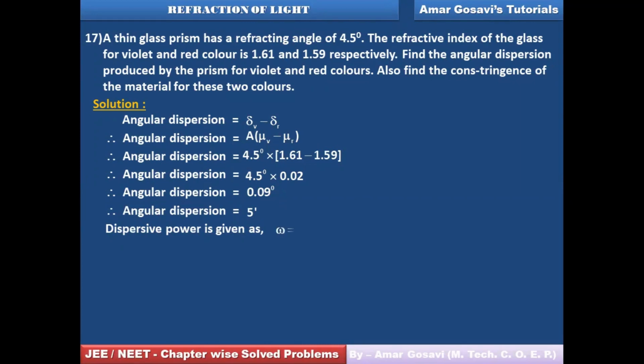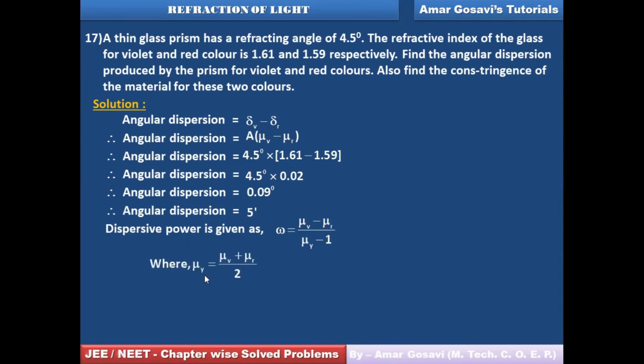Dispersive power: we have studied the equation, omega is equal to (mu v minus mu r) divided by (mu yellow minus 1). Now here mu v and mu r are given to you. How do we find mu yellow? You can take the average of mu violet and mu red to get mu yellow, because it's the mean color.